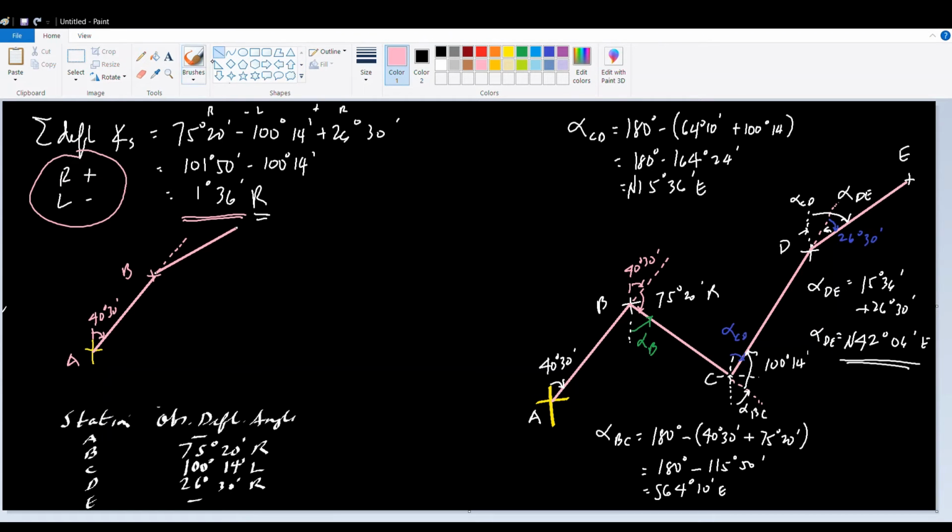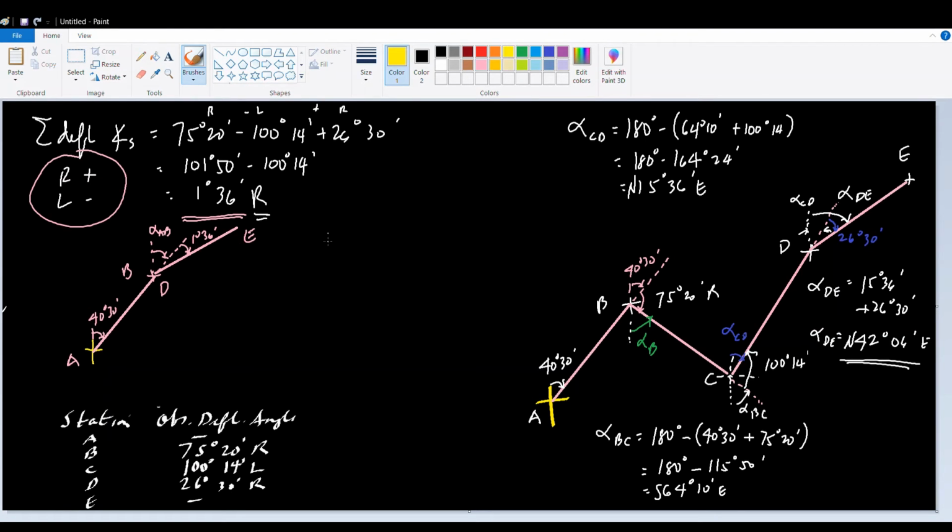Okay. This is supposed to be the last line, DE. And here is the net deflection angle of 1°36'. So we want to find the bearing of DE. We know that this is alpha of AB.